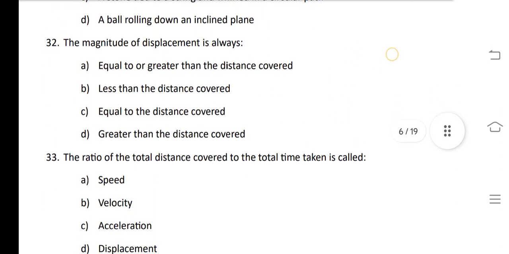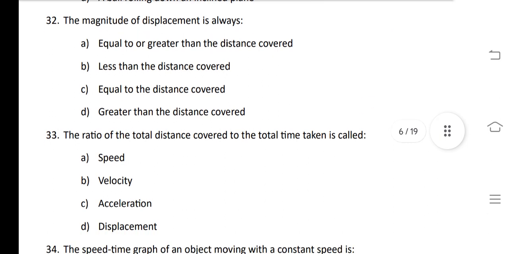Our next question, the magnitude of displacement is always less than or equal to the distance. So here the two options are correct, less than the distance covered and equal to the distance covered.